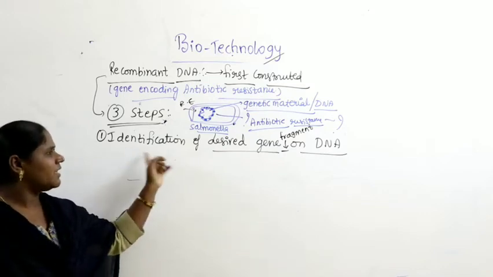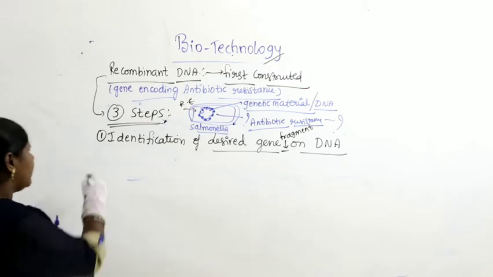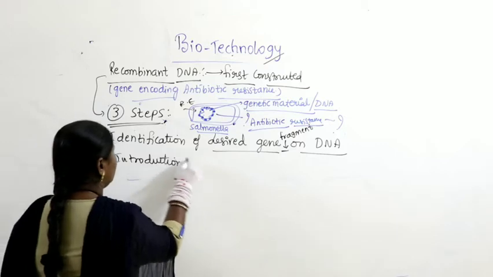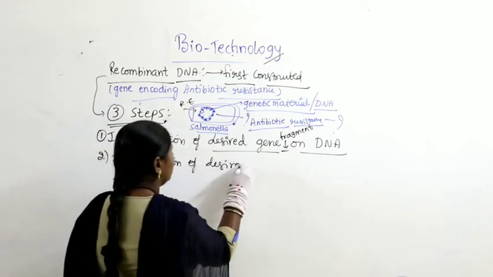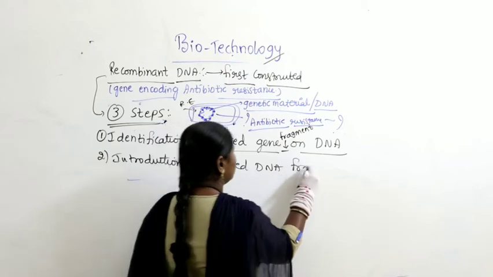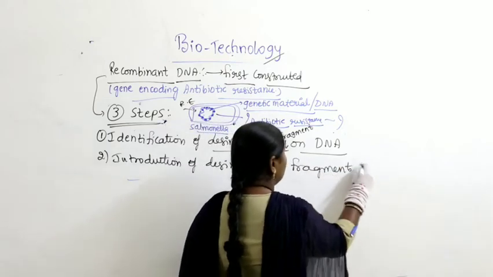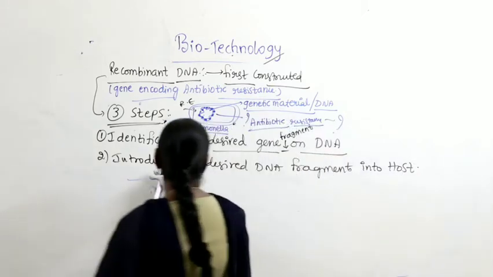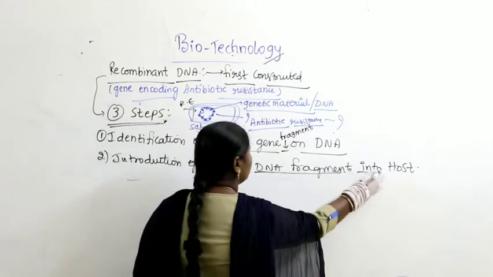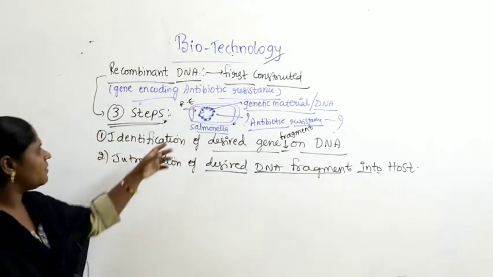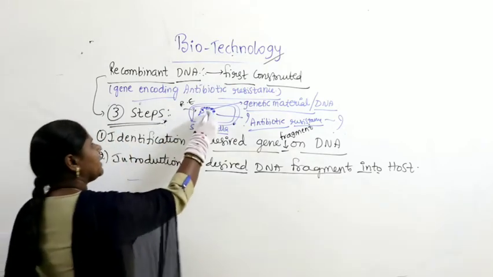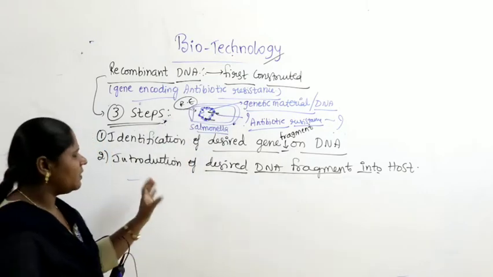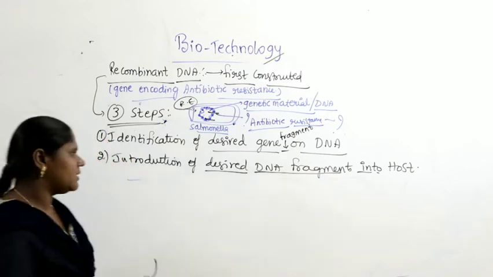Now, the first thing is identification of the desired gene on DNA. The next one is introduction of the desired DNA fragment into the host. After identifying the desired DNA, we cut it with the help of restriction endonuclease and then introduce it into the host. That is the second step.